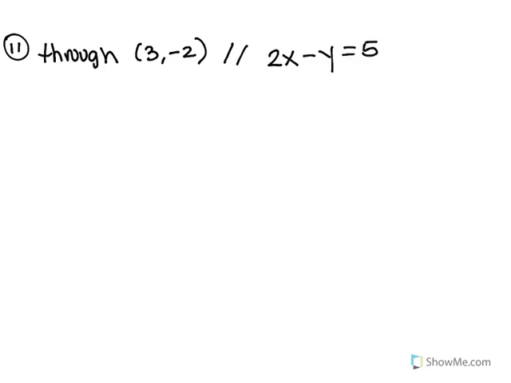Number 11. Let's write the equation of a line that's going to go through the point 3, -2. What does that symbol mean? Parallel. Very good.